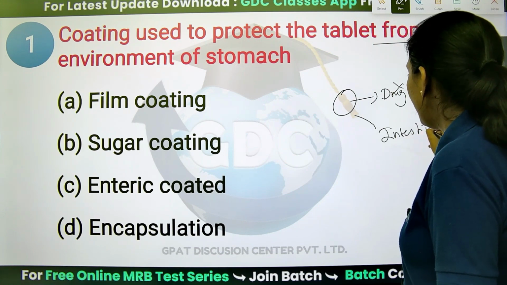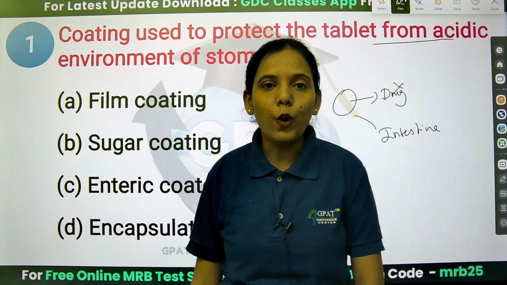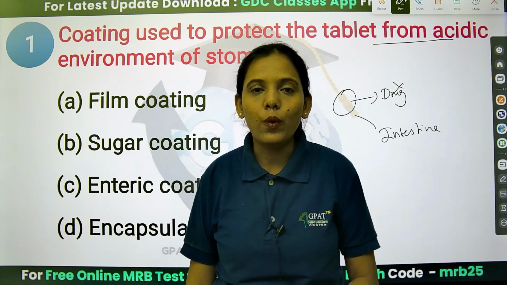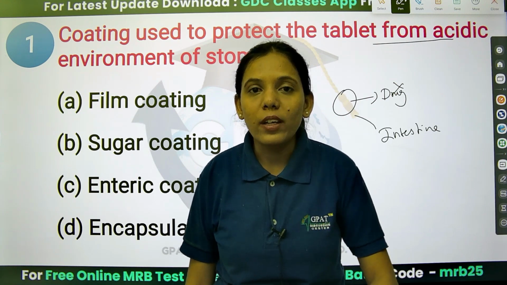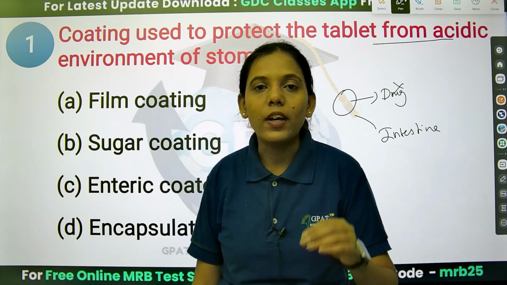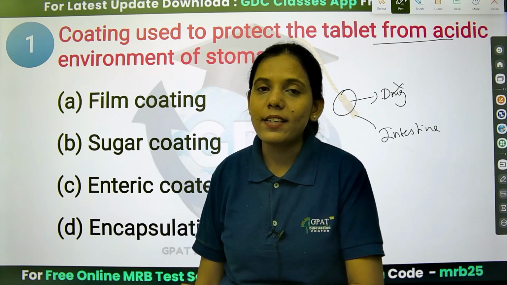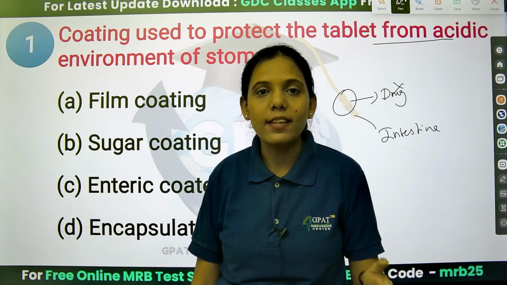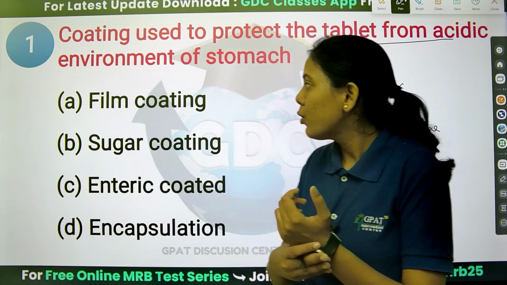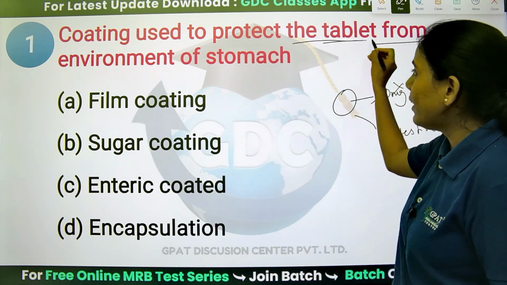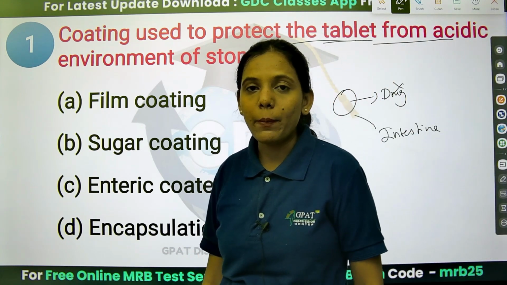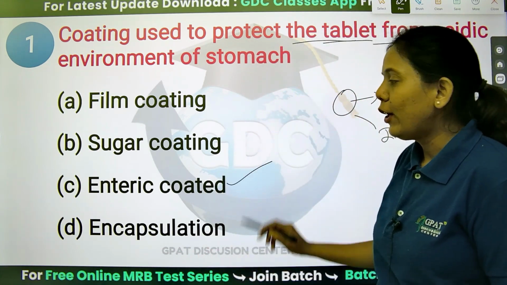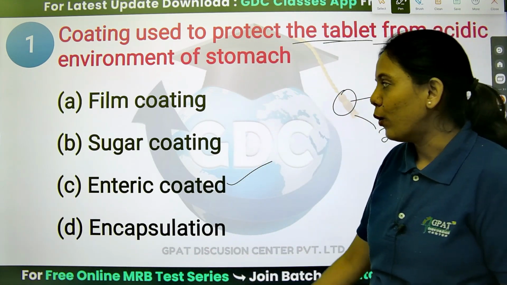That means we will give enteric coating, because the polymers which we are using in this, they dissolve in the intestinal pH, and that is the reason in the acid it will not dissolve. So to protect the tablet from the acidic environment, we call it an enteric coated tablet.